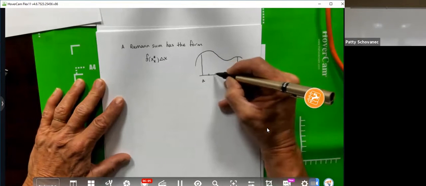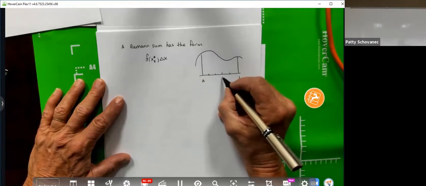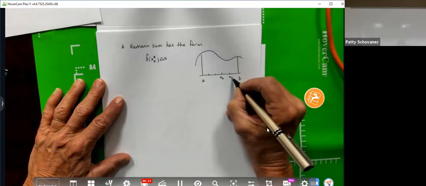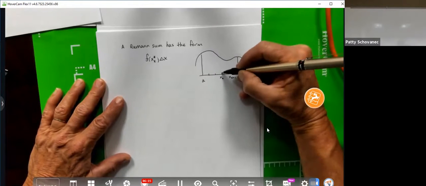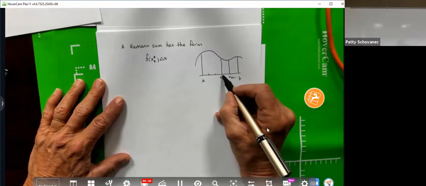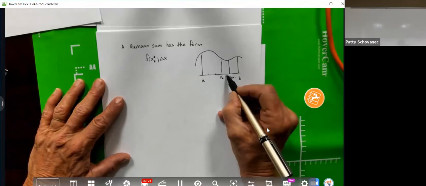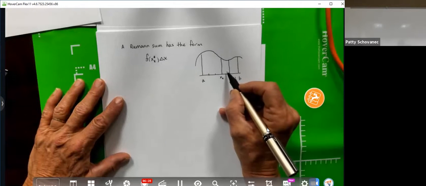We cut this up into little increments of size delta x. And suppose here we're at, say, xk plus 1. Somewhere down the line, xk star might be the left endpoint. It might be the right endpoint. We can make it the midpoint. It's just some special x in this rectangle.